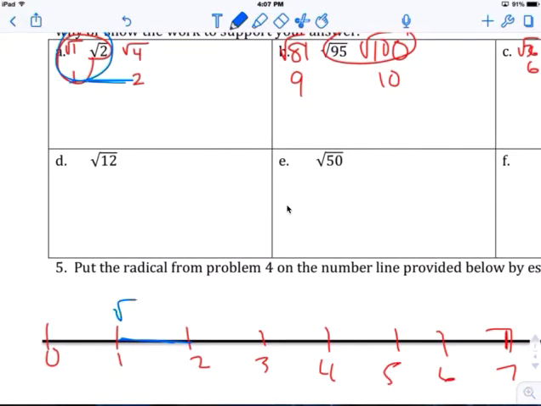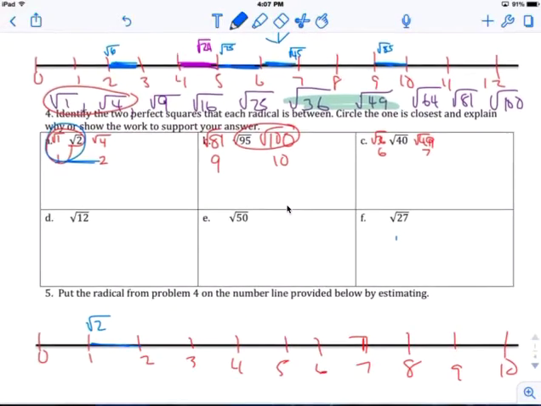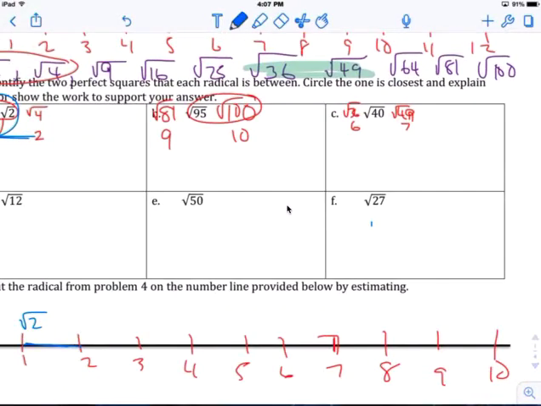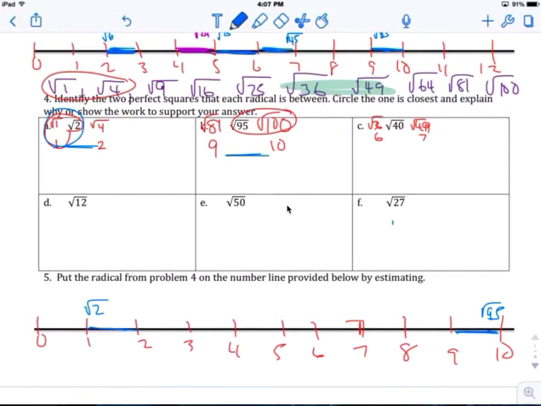So square root of 2 is right there somewhere. Between 9 and 10. Closer to 10, so the square root of 95 is there. Okay? It's between 9 and 10, closer to 10. So between 6 and 7, and closer to 6.